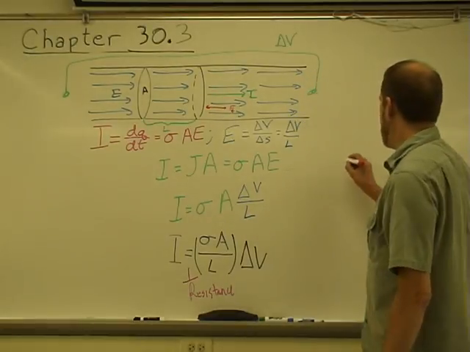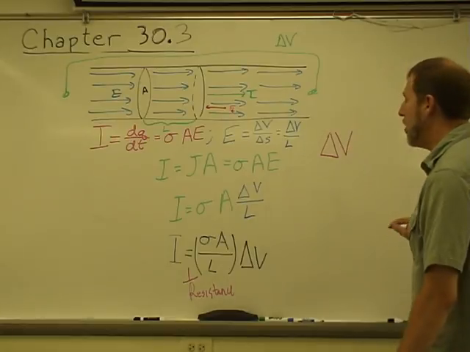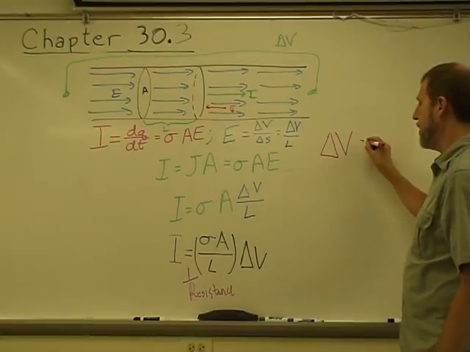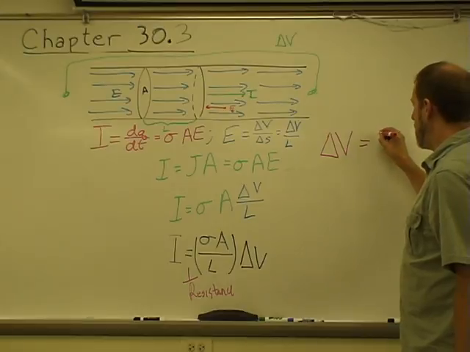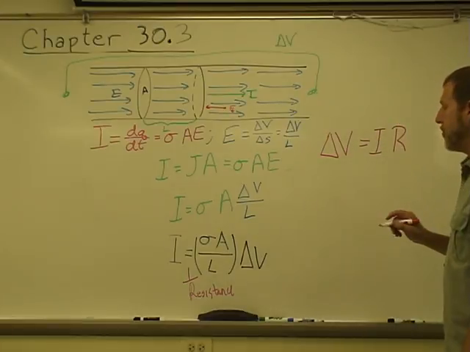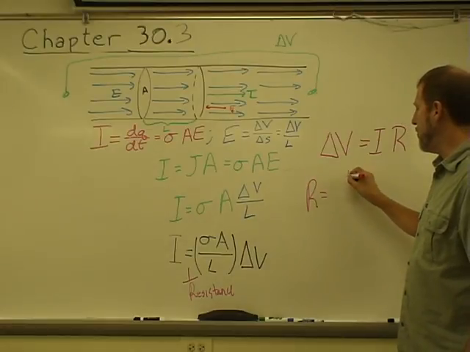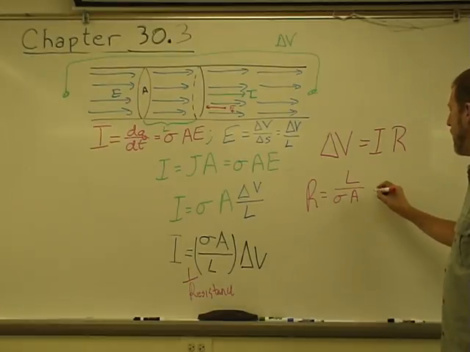So that if I establish a change in potential over a length of wire, a circuit element, whatever it is that I'm looking at, that's equal to the current passing through that element times the resistance, where the resistance is equal to the length divided by the conductivity times the cross-sectional area.